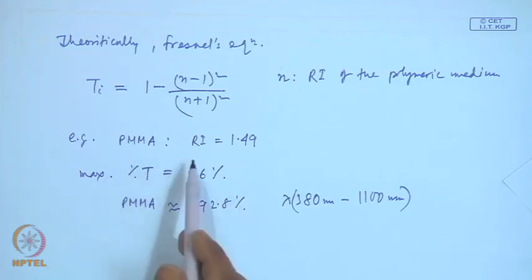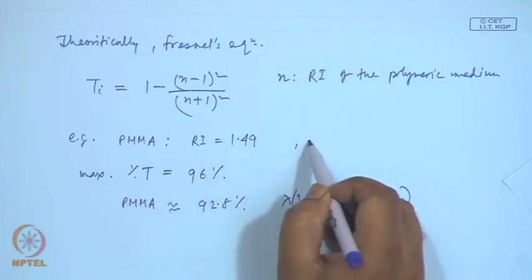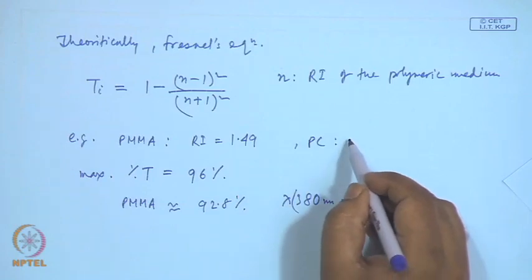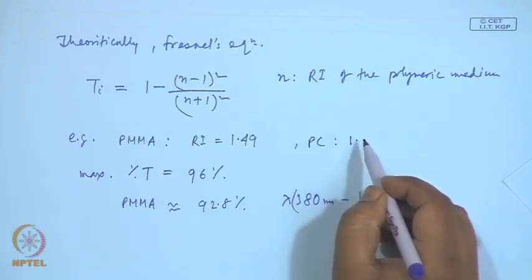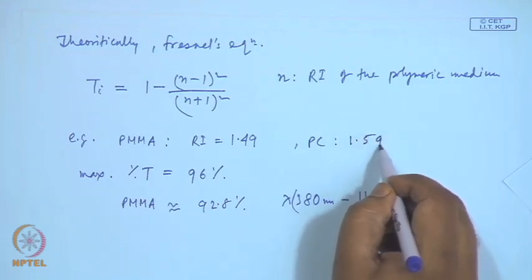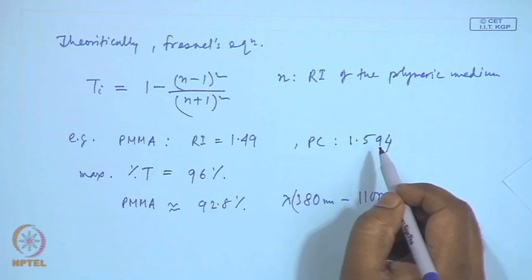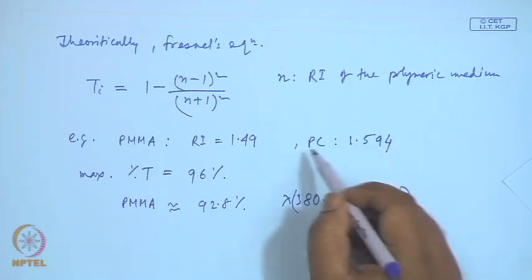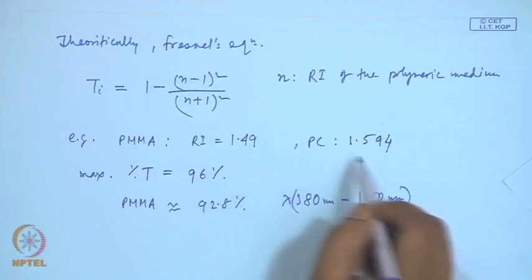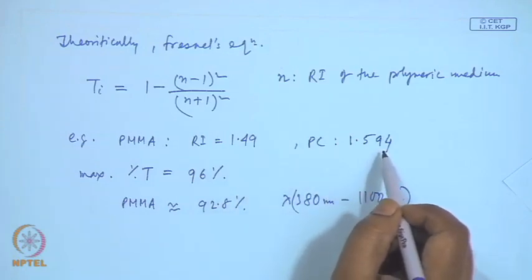If you compare PMMA with BPA PC, which has a refractive index of around 1.594, then obviously the maximum transparency possible for PMMA is higher than for BPA polycarbonate.